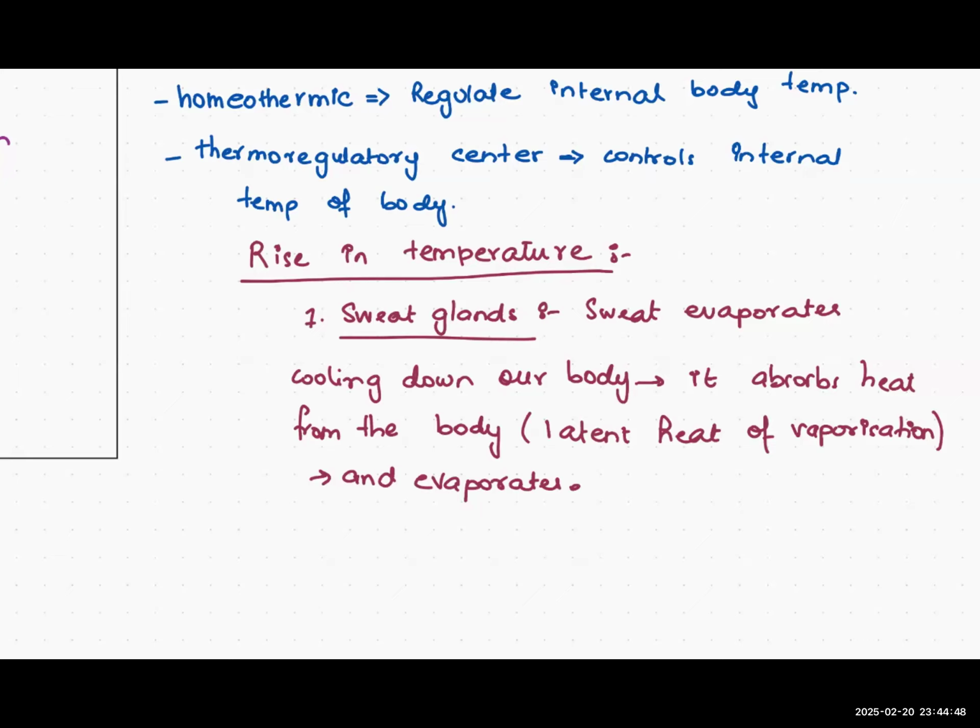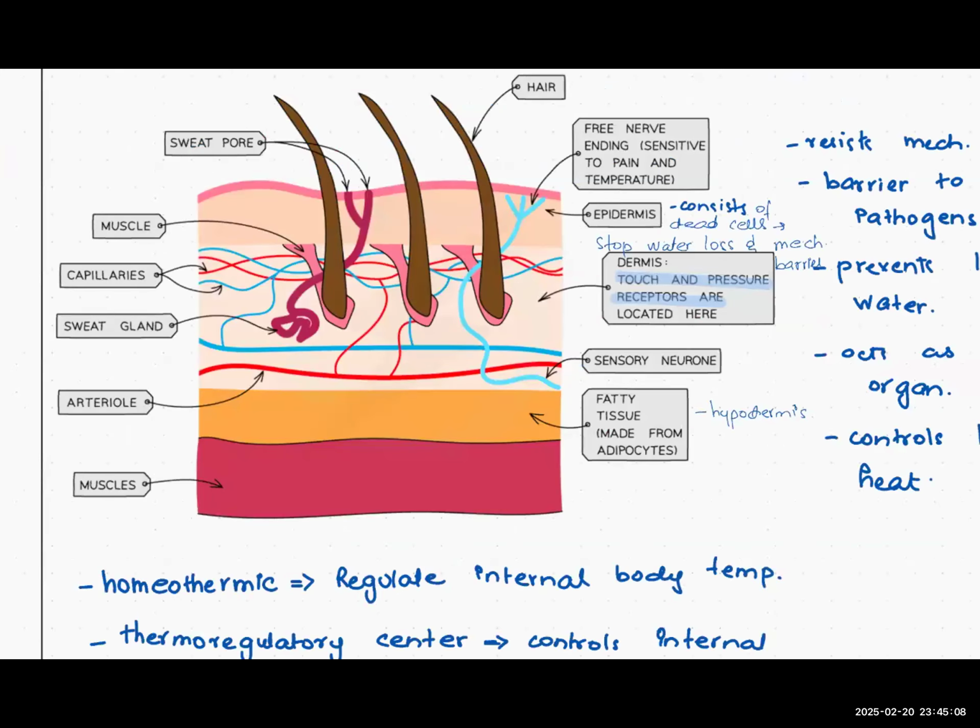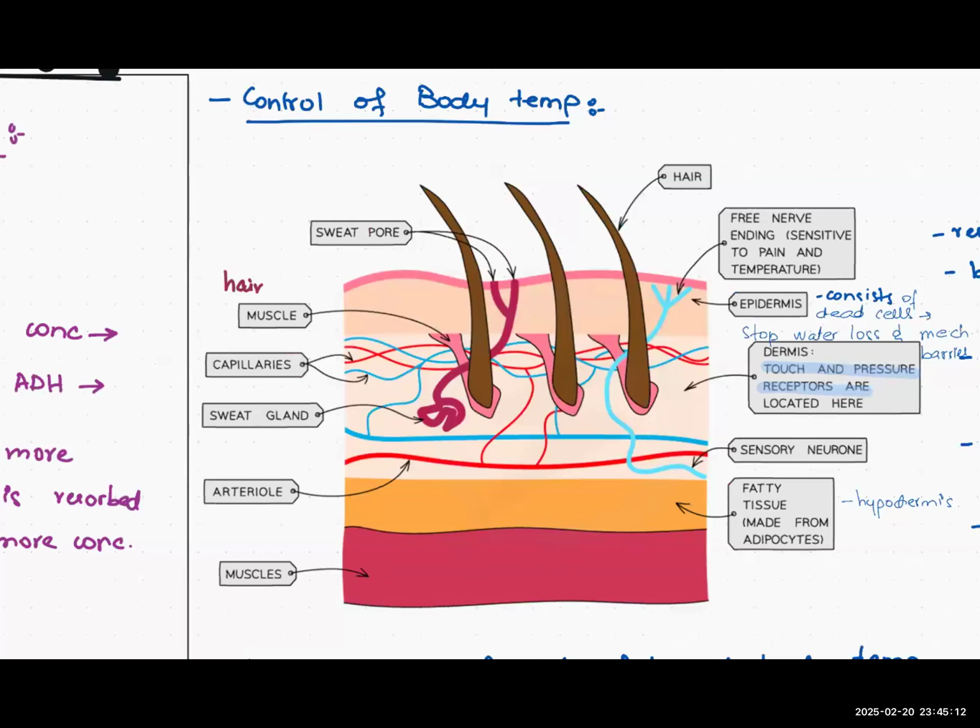Then the second process is your hair. Attached to the hair, we have certain muscles. These muscles are known as hair erector muscles.